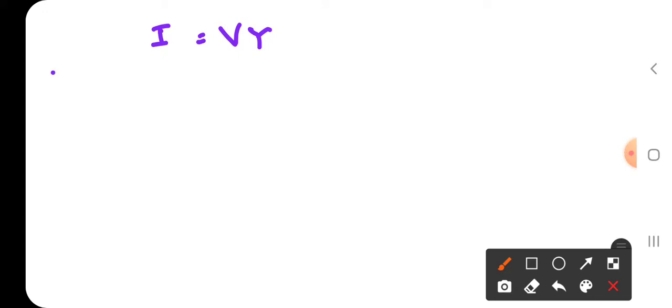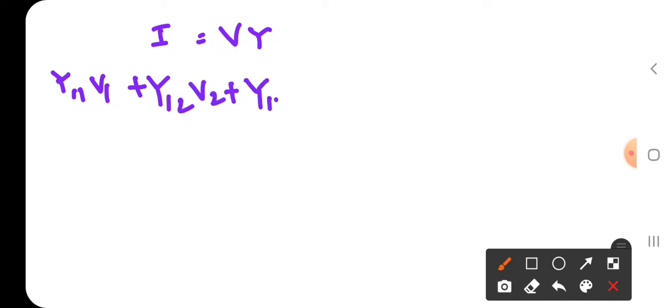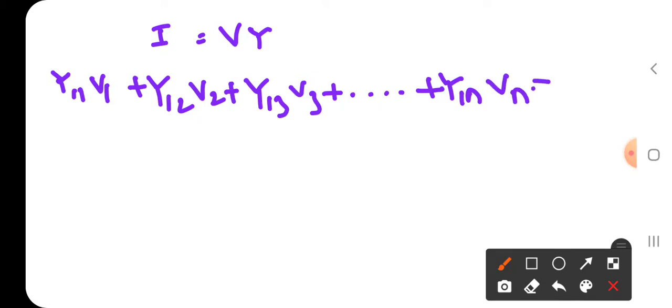That means y11 V1 plus y12 V2 plus y13 V3 plus so on plus y1n Vn is equal to I11. Similarly, this is for the first node.